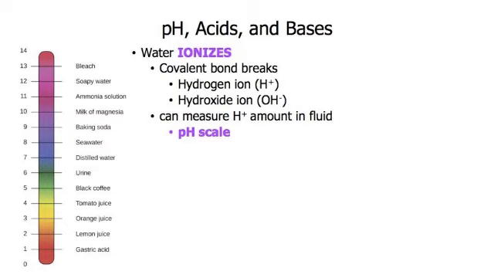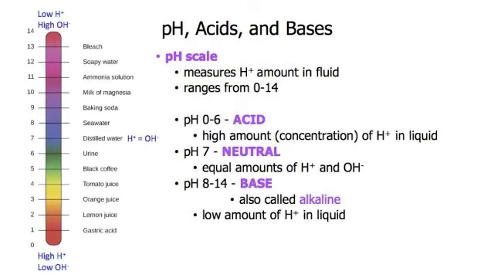A base or alkaline compound is a compound that accepts hydrogen ions and removes it from the solution. Some bases, such as sodium hydroxide, do this by releasing hydroxide ions, which combine with the hydrogen ions to form water. In order to describe the acidity of a solution, chemists use something called the pH scale.